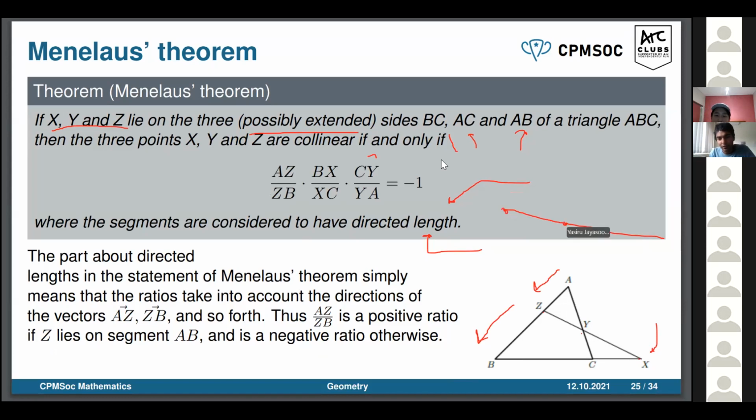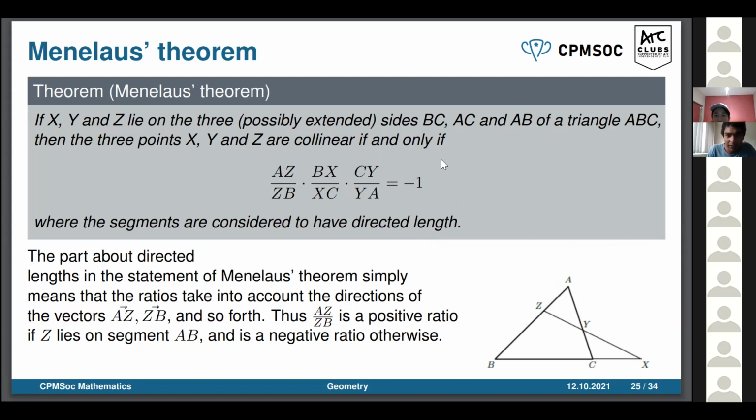However, if A, Z, and B were here, for example, then AZ goes this way, but ZB goes this way, so they're going in opposite directions, so you can take that to be a negative ratio. Okay, so that is Menelaus's theorem.